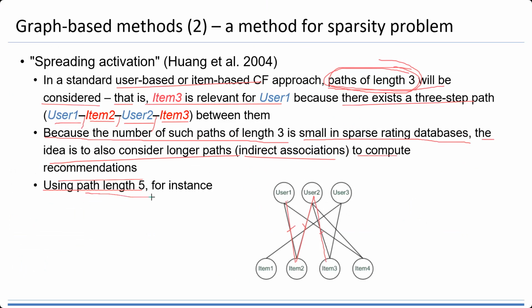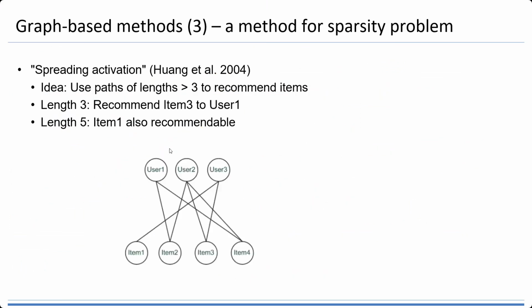But what if we use length 5? The idea is to use a path length higher than 3 to recommend items. With length 3, I recommend item 3 to user 1.